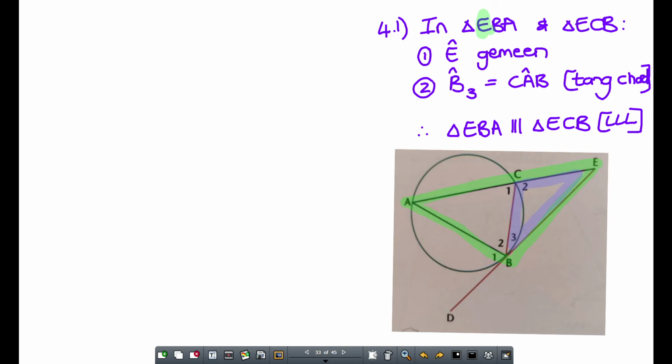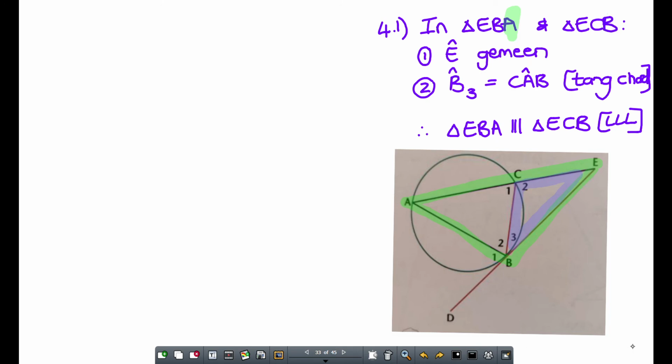Then angle B in the big triangle must be the same as angle C in the small triangle. That was the difficult one, which I couldn't see well. Then I said, okay, that doesn't look very nice, but angle A in the big triangle will be the same as angle B in the small triangle.